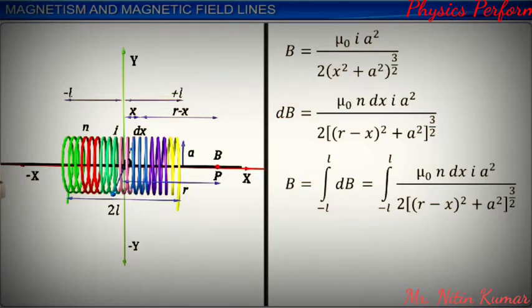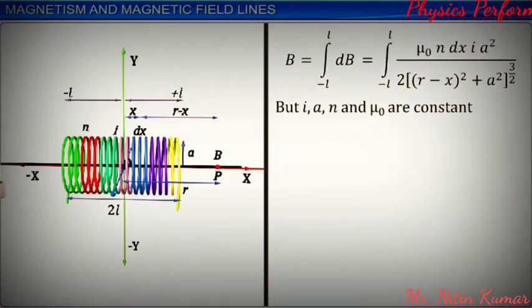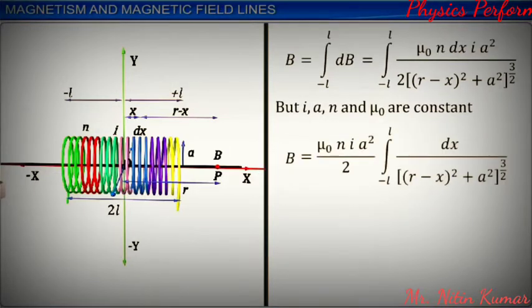But I, n and mu naught are constant. Hence, the magnetic induction B is equal to mu naught n I a squared by 2 into the integral from minus L to L of dx by ((r minus x) squared plus a squared) whole power 3 by 2.